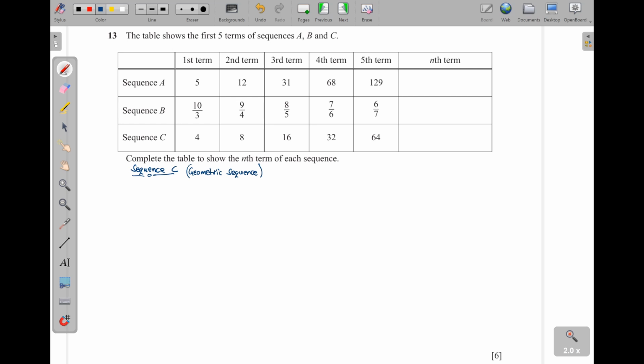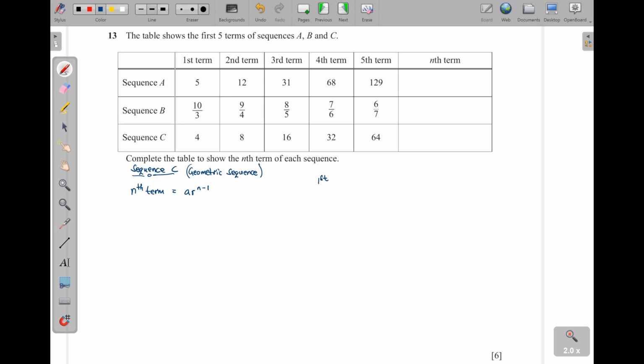Okay, so the nth term here is given by ar to the power of n minus 1. Why is it like that?